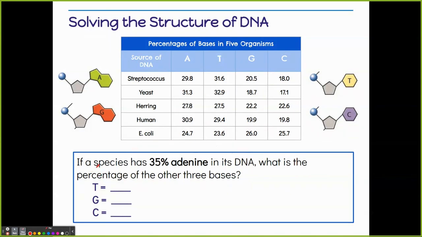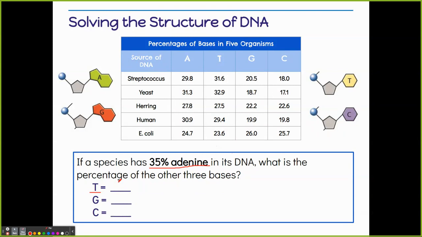All right, so let's try and do this problem here together. If a species has 35% adenine, what is the percentage of the other 3 bases? Help me out. If I have 35% adenine, what would my thymine be?